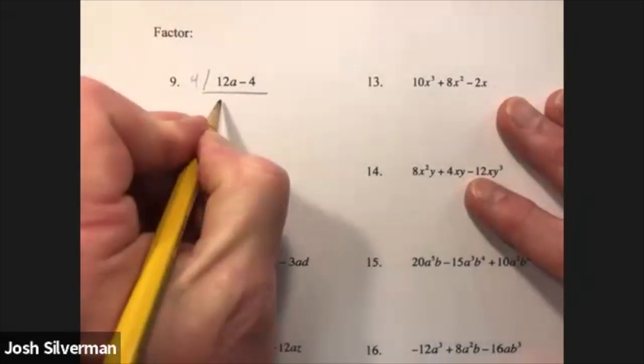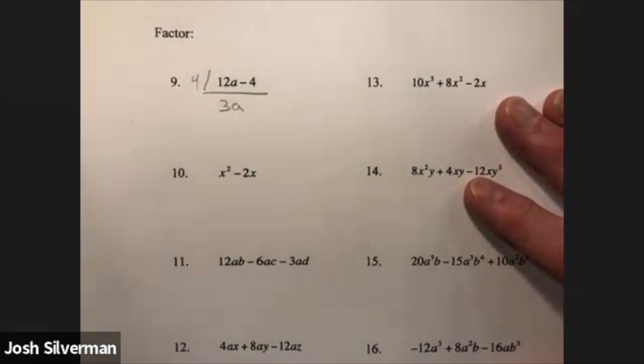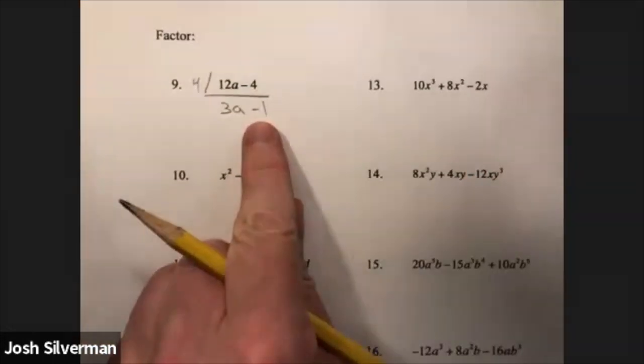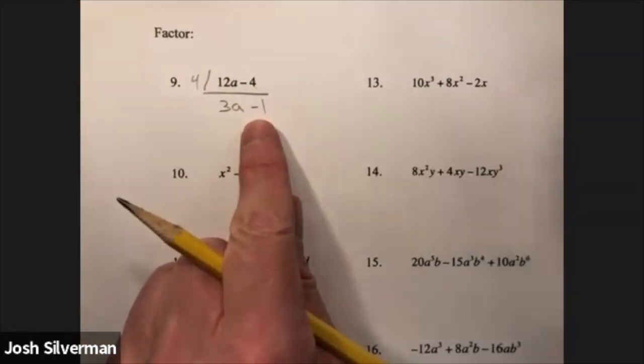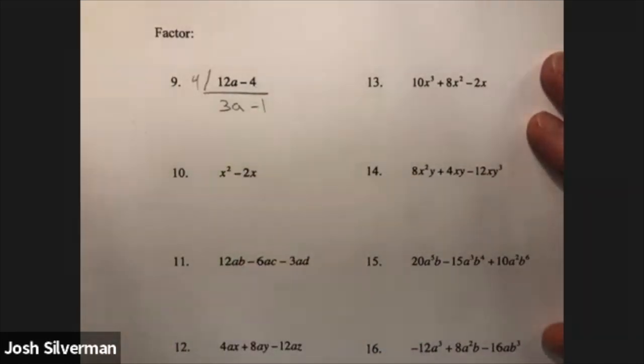12a divided by 4, that's a 3a. 4 divided by 4, not nothing. It's a 1. And just keep that little sign right there, okay? Now, the difference is, unlike before, now our job is to end up with a factored form, not just the GCF, but a factored form of the original expression.